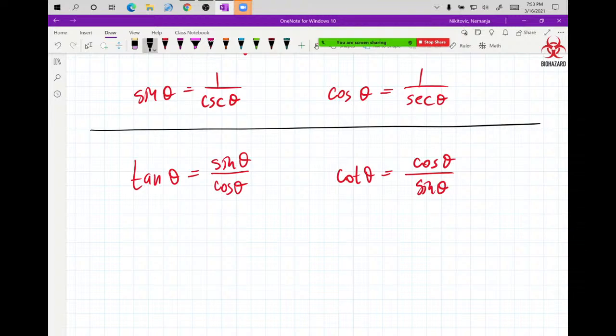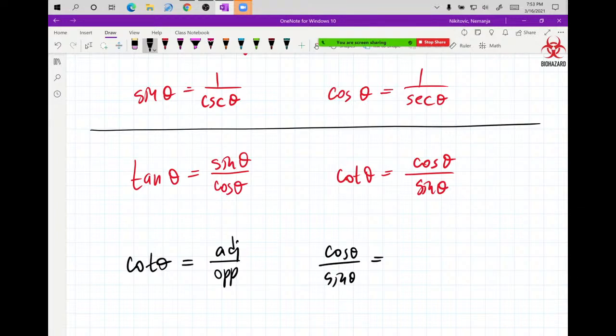Let's do one of them. Cotangent, for instance. So cotangent theta is equal to, and for the cotangent, we know that it was adjacent over opposite, right? So that's what we had when we defined it. Now, what do you have on the other side? You have a cosine theta divided by sine theta.